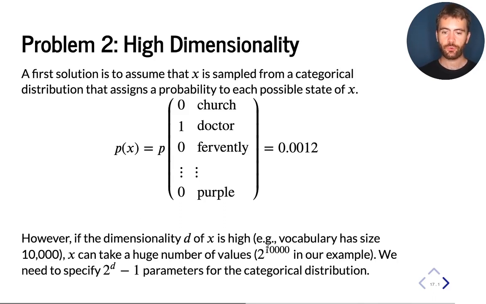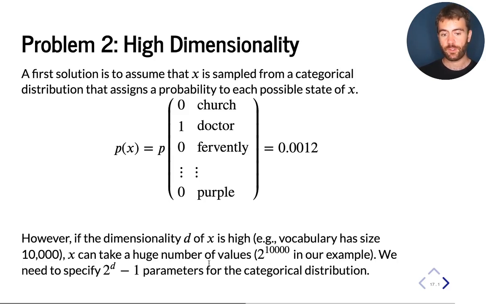And so in order to model this x using a categorical distribution, we need some way of specifying essentially 2 to the 10,000 possible probabilities, which is going to be really complicated. It's going to be really hard to enumerate and to assign a value to all of these numbers.